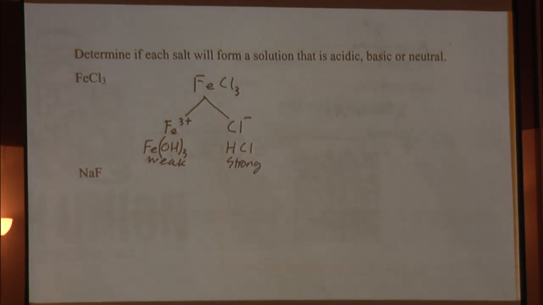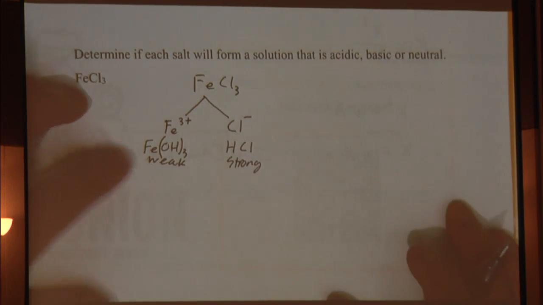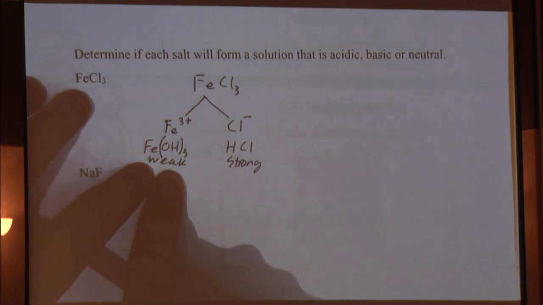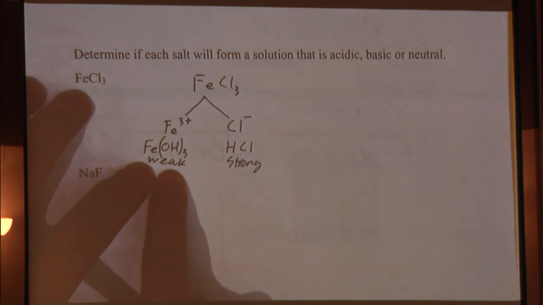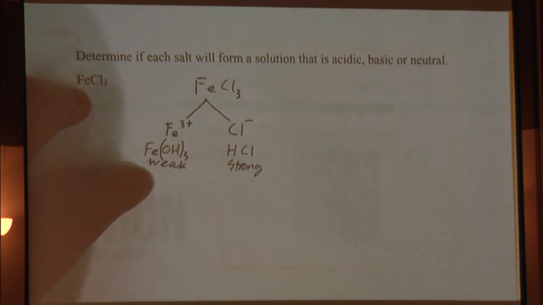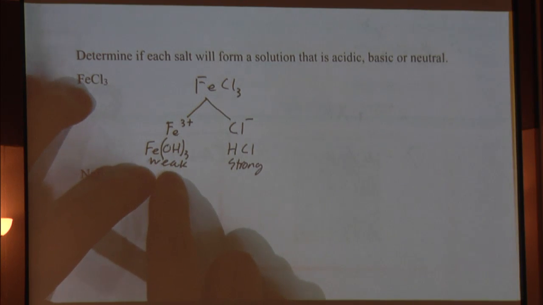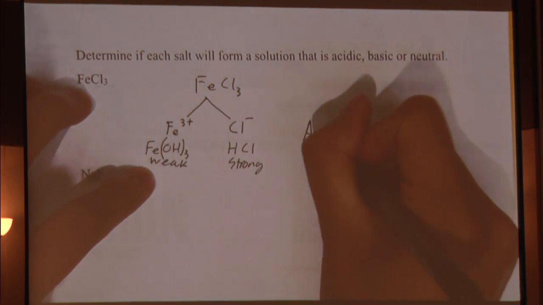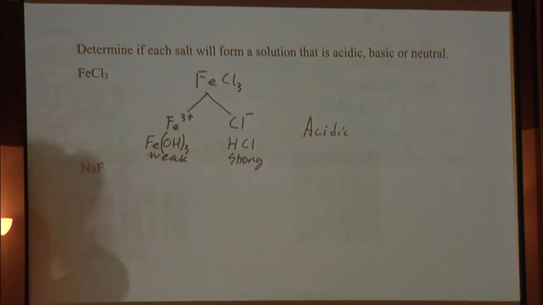Obviously, on the final exam, you won't have a table of strong acids and bases, so you'll have to remember them for the exam. So now we see that this here is weak, and we know that conjugate acids of weak bases form acidic solutions.